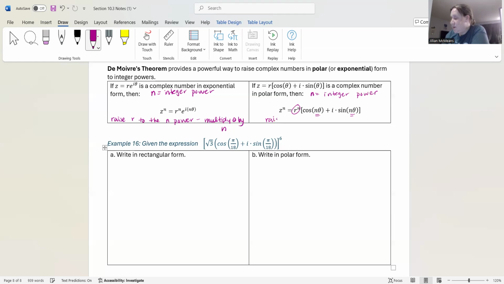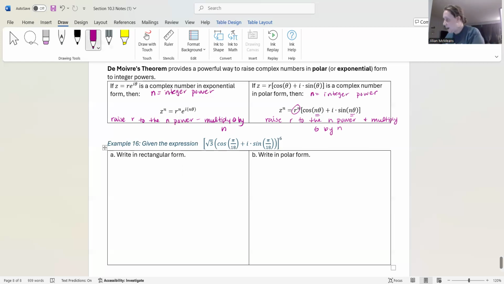So raise r to the n power, my dog is probably going to bark, and multiply theta by n. She hears something outside. Okay. So all we have to do is take whatever r is, raise it to the n power, take whatever theta is, multiply it by n, and plug those two values right back into the exponential or polar form of a complex number.